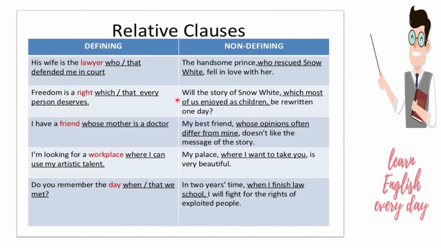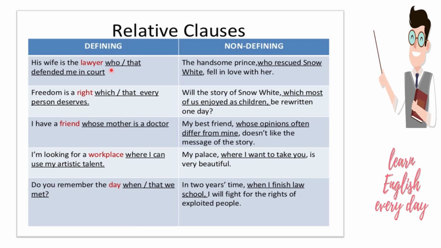What about this? You see now on screen the table, the two comparisons of the defining and non-defining relative clauses. Look at the underlined expressions now and try to see the differences. Here there is who, which, whose, where, when, and that. But here you see who, which, whose, where, and when, but there is no that. Here you can see the underlined expressions without commas, because it is defining.